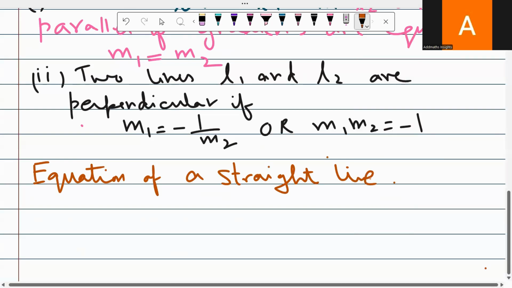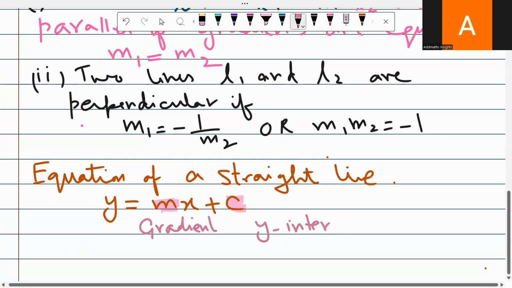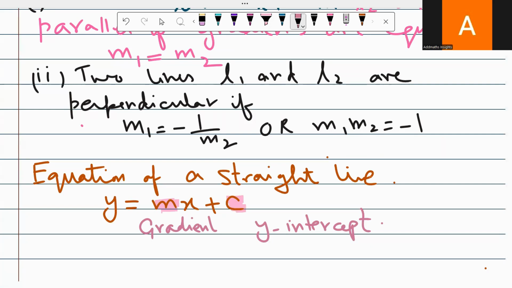The general form of this equation is y equals mx plus c, where m is the gradient and c is the y intercept. So you must have the gradient and y-intercept. Y-intercept means the point where your line crosses the y-axis. So these are the conditions you must know to solve the questions of coordinate geometry.